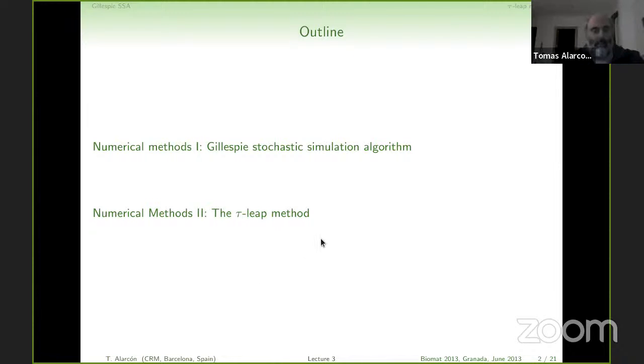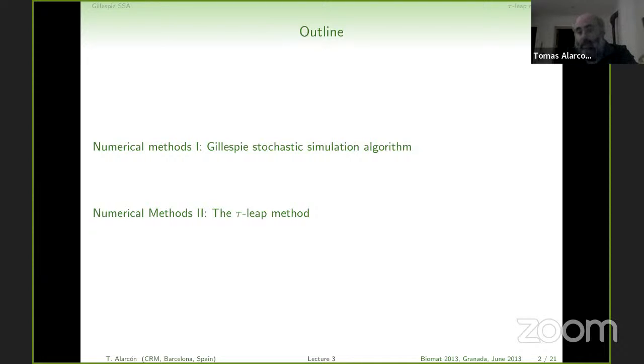Okay. So, we're just crossing the equator of this course. Today I'm going to tell you about numerical methods, simulation methods to simulate all these things, because, as we mentioned during the two previous lectures, analytical solutions, or even the approximate solutions that we were looking at the other day using WKB-like methods, are not always available.